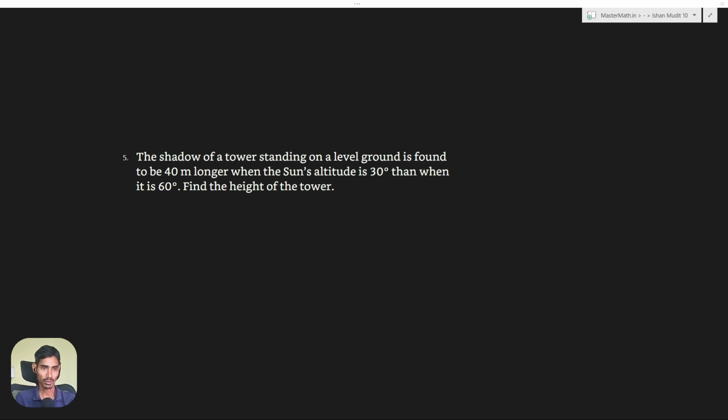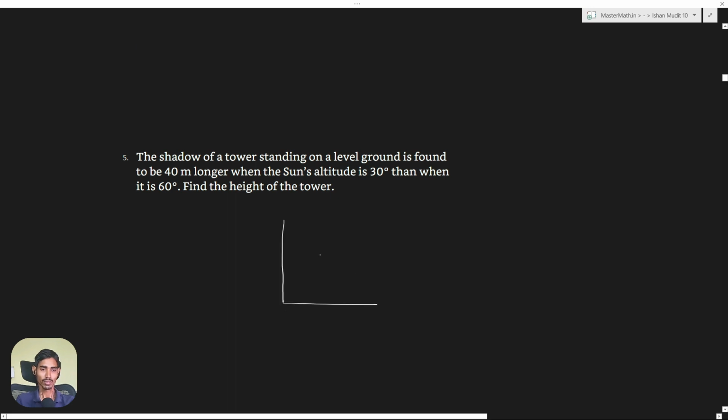Tell me the diagram. How does the diagram look like? So this is one triangle and this is, what else to this?